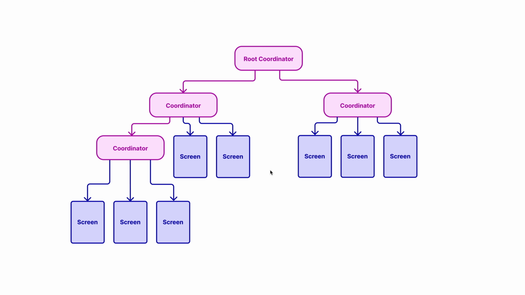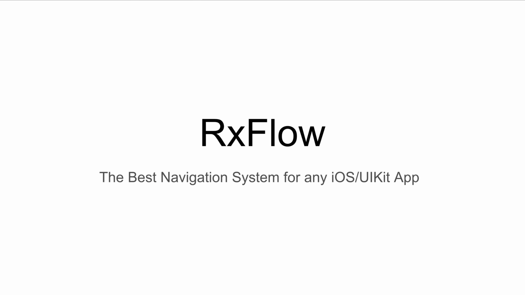Every screen in your app is controlled by a particular coordinator object, and every coordinator object is controlled by its super coordinator object. Every application with a coordinator pattern in navigation has a root coordinator, which is the first, initial coordinator.